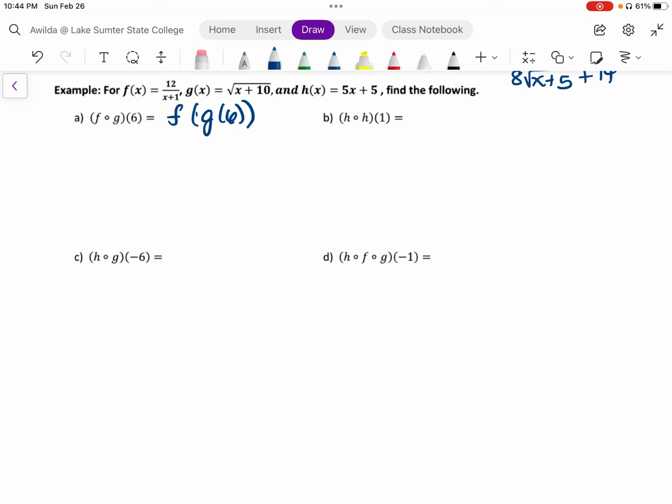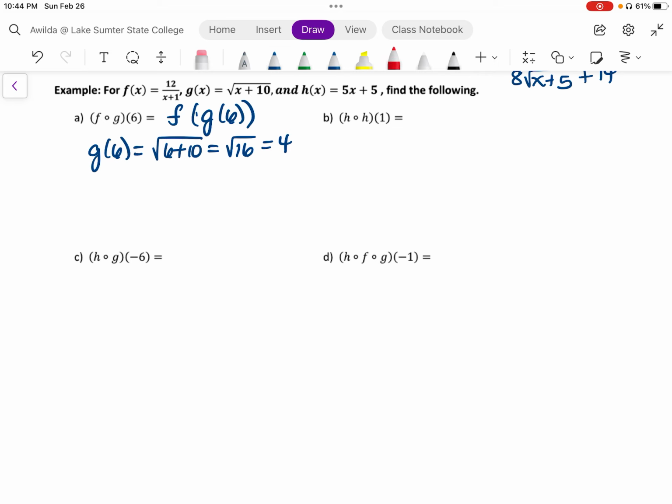Look at the rule for g of x. It's equal to the square root of x plus 10, where x is 6 in this case. So that is the square root of 6 plus 10, which is the square root of 16, which is 4.